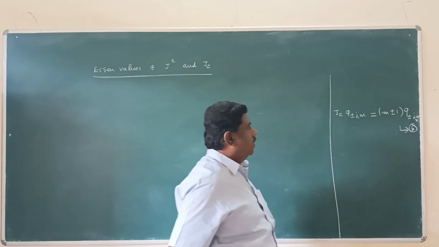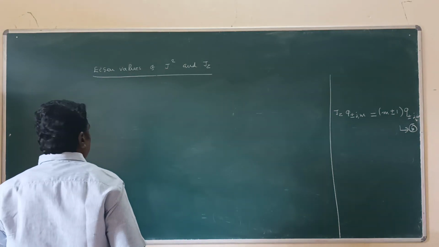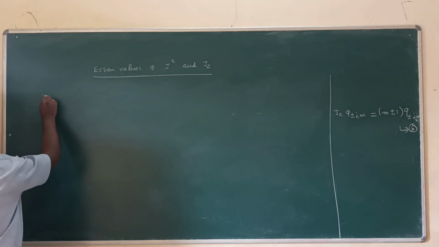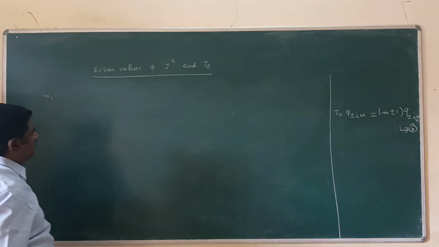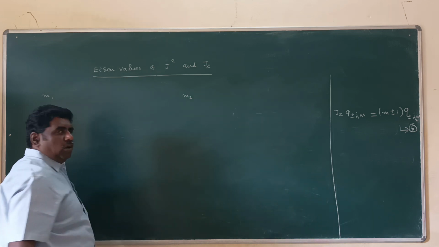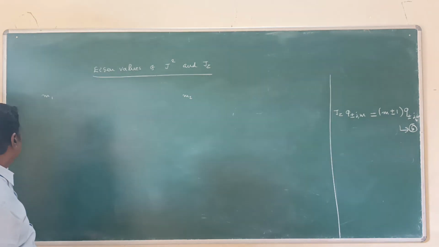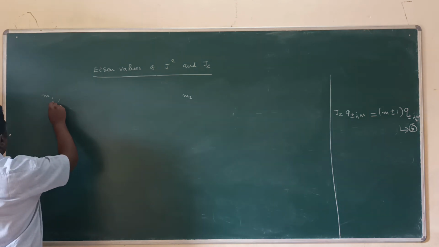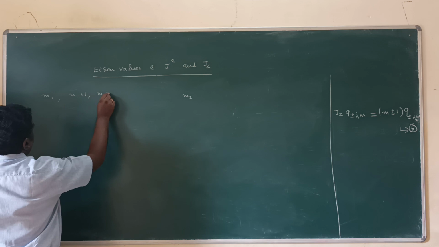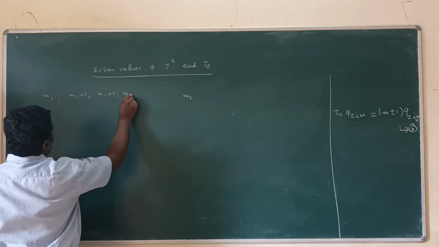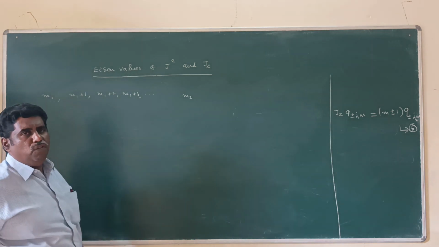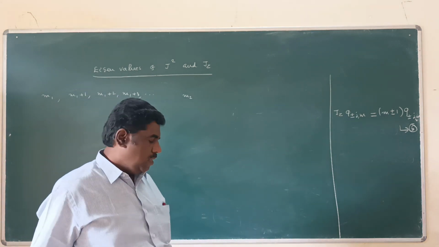If you assume the lowest value of m is m1 and the highest value of m is m2, we can develop the spectrum of values for m. The spectrum is m1, m1+1, m1+2, m1+3, and it ends with the highest value m2.